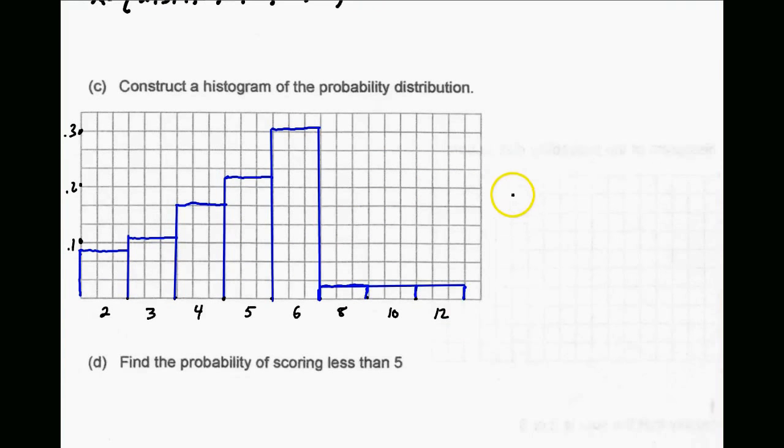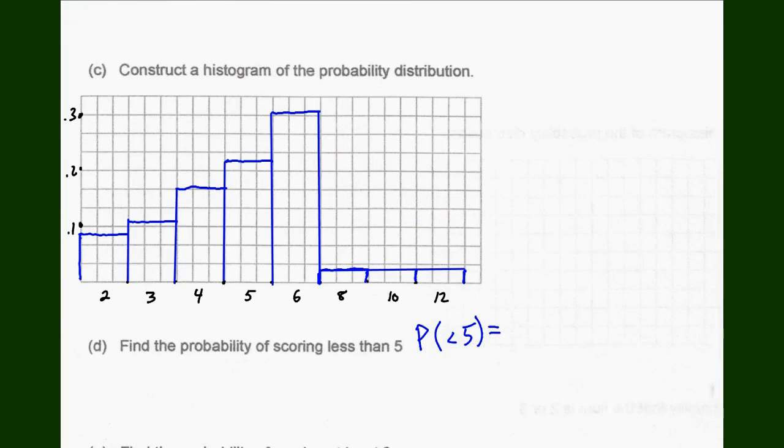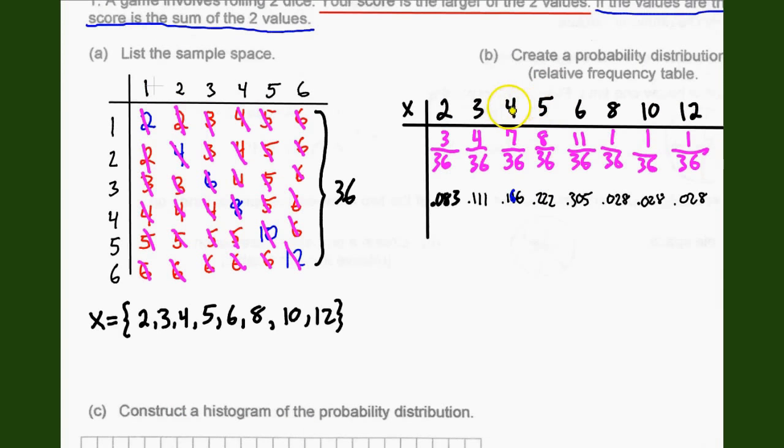So let's find the probability of scoring less than 5. I want to score less than 5. I can look up here. There's 5, everything less than it. It's 2, 3, and 4.